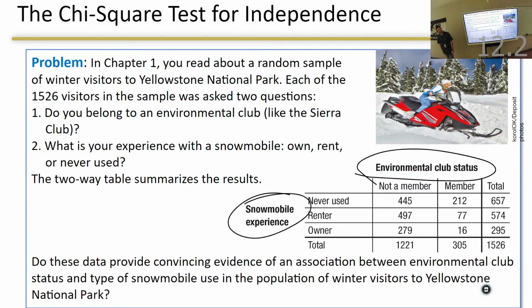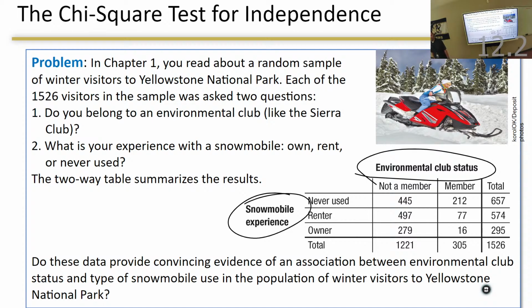This is a chi-square test of independence. It's one sample, and we got two pieces of information from each individual. It's not that hard to distinguish. However, that is the most confusing thing for students.